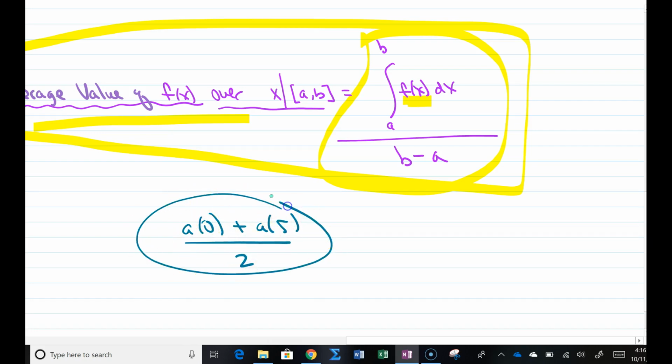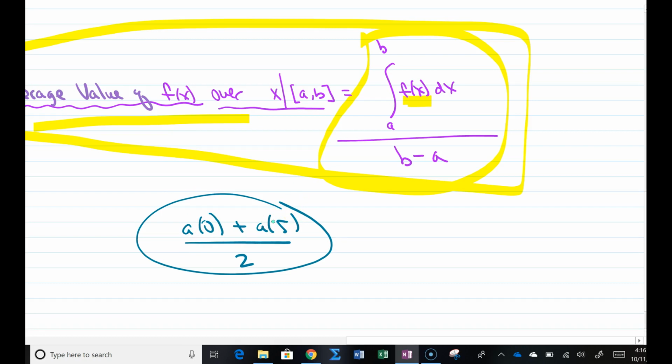This here is not the average acceleration over the time interval 0 to 5. This is an average of two accelerations. One acceleration at time 0 and one acceleration at time 5.